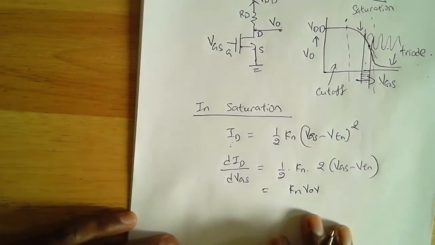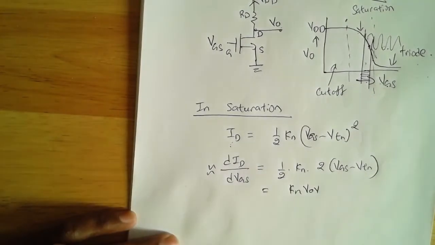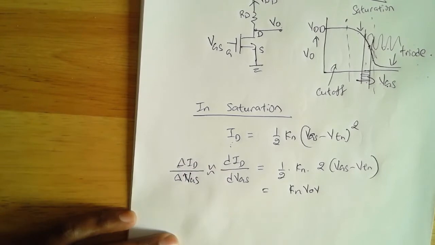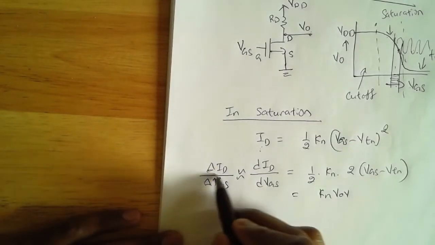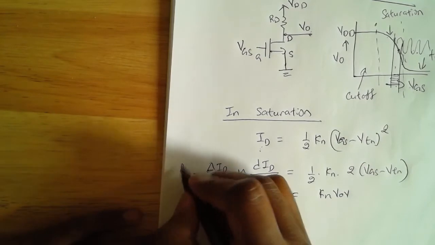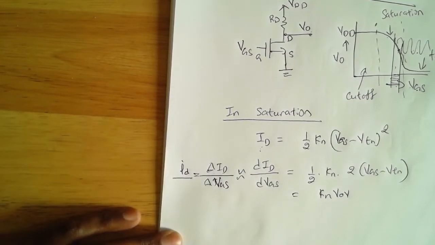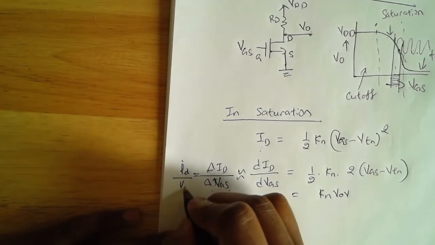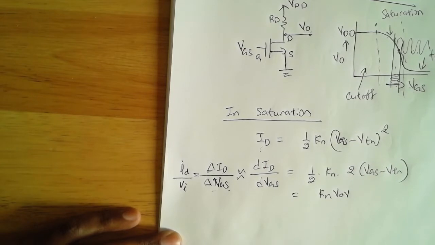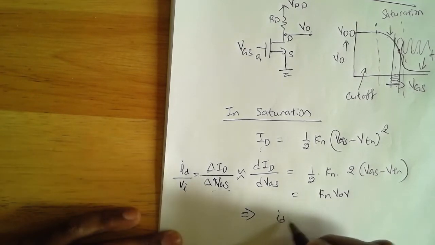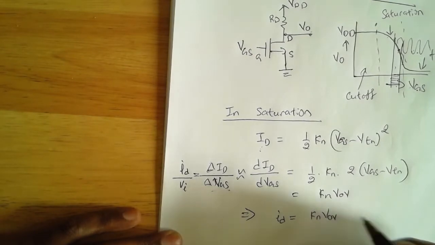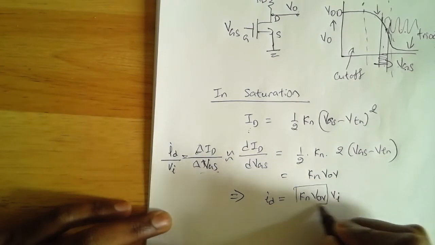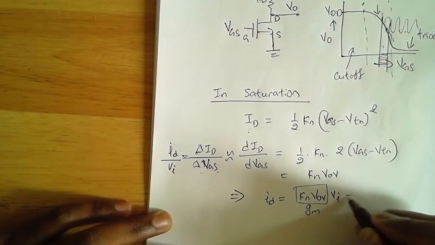The approximation here is that the derivative is approximately equal to small changes in the current divided by small changes in my input voltage. Since these are small changes, I will call this the AC current through the drain, id, and the small change in my input I will call the input AC voltage, vi. So id is equal to Kn VOV times vi. I'll call this Kn VOV term Gm, so id is equal to Gm vi.